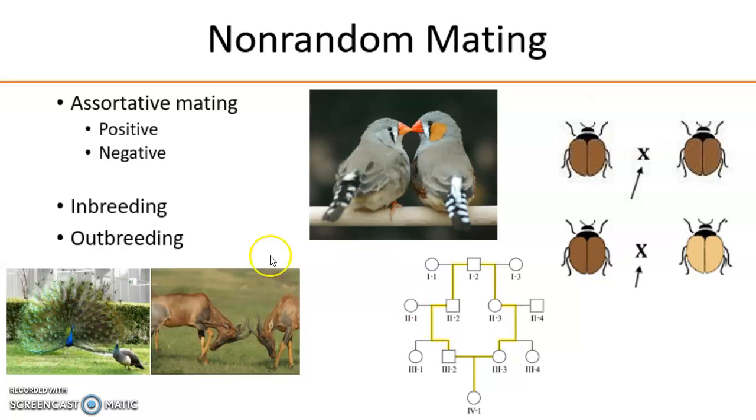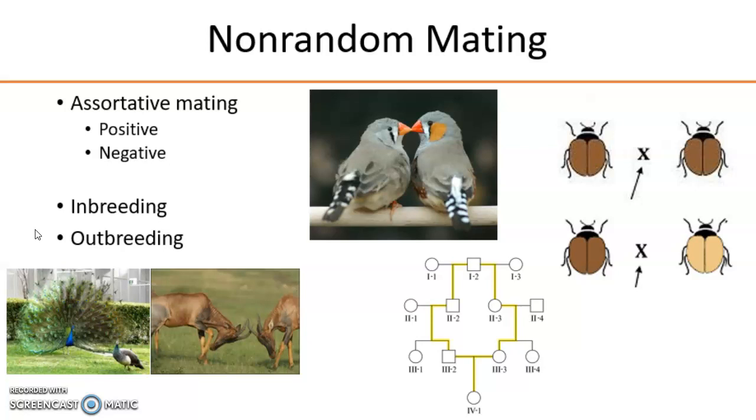But it is important to note here that inbreeding and outbreeding don't affect the allele frequencies, but they do disrupt the balance of genotypes, okay? And we also know that the reason inbreeding is frowned upon is because it increases the likelihood of two individuals having the same recessive alleles.